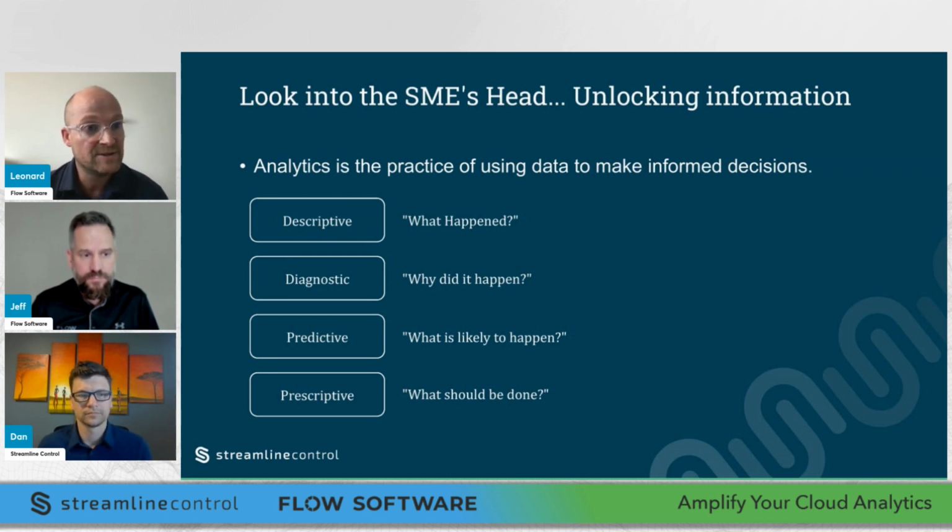And based off that, the more context based on conditions and events we can add, the more we can move into the second layer of analytics, which is diagnostic analytics, where we can start to answer questions around, okay, we know what happened, but why did it happen? Was it a particular shift? Was it a particular batch that we got that's got some dodgy crude? And that's where you can start adding more and more questions. If you add more and more context, then you can answer those questions.